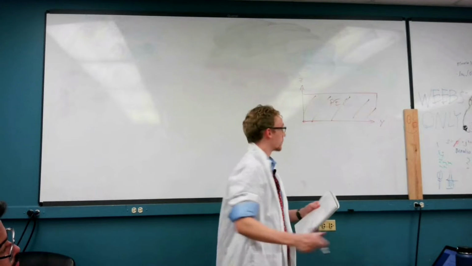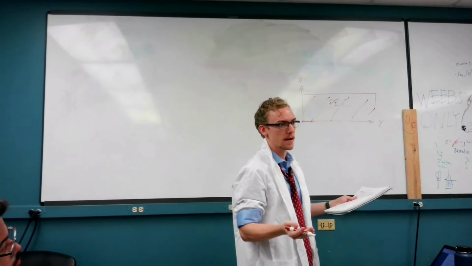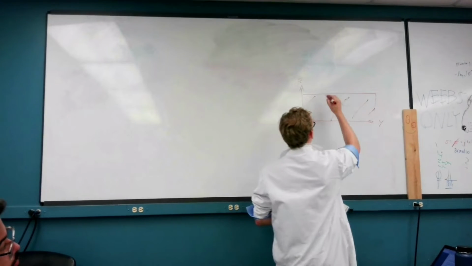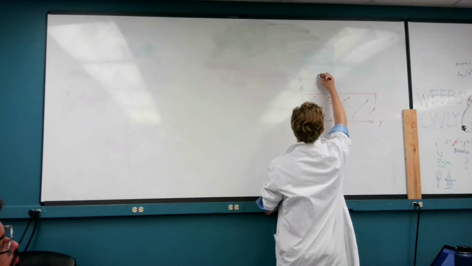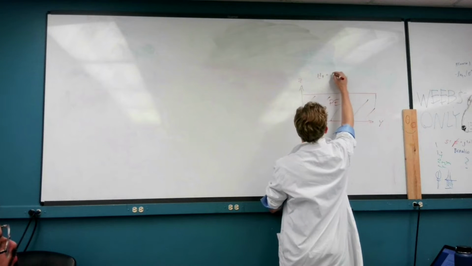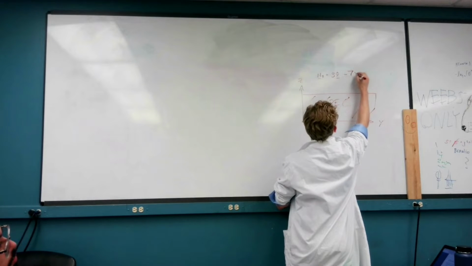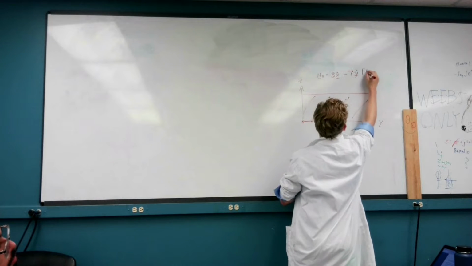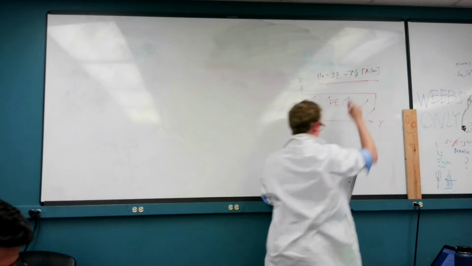So what it's asking for, it's given that the magnetic field in space is a uniform magnetic field, constant with X and Y and Z, and our H1 equals 3x minus 7y amps per meter. That's what's given.